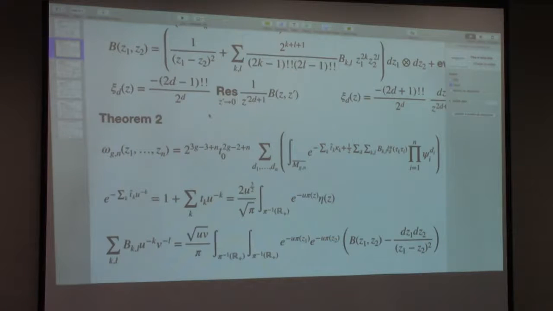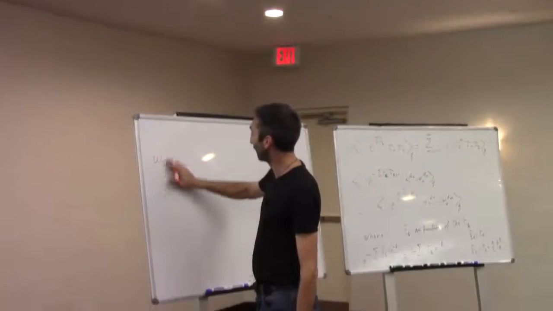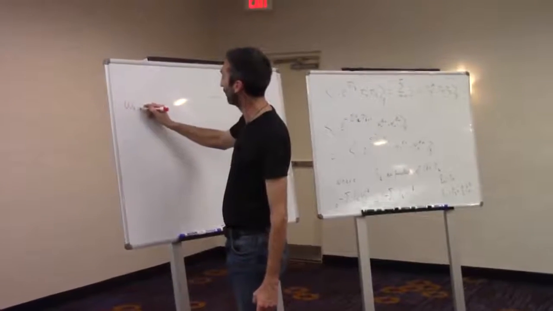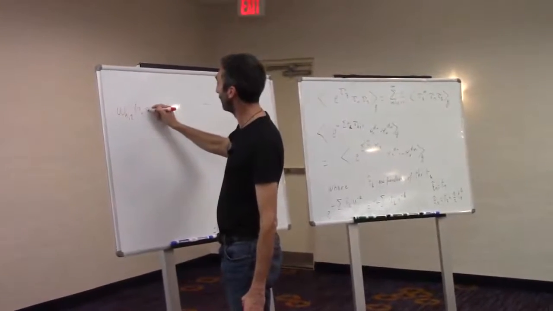Let me just write what I was writing yesterday, that for instance, let's write omega 1,2 of Z1, Z2.